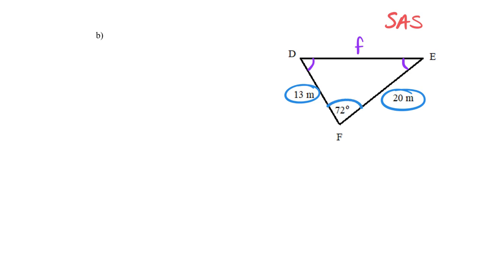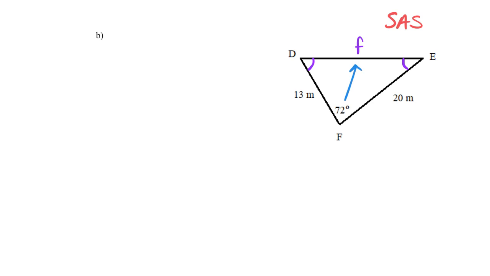If you want to think about it, as you move around the triangle, they're consecutive. Two sides, contained angle. If I have that, then I have a cosine law problem. So I recognize side, angle, side. That means I'm going to use cosine law to find my opposite side to my angle.